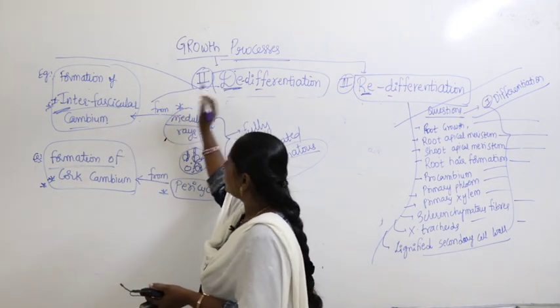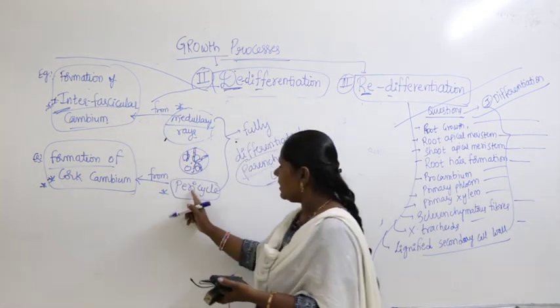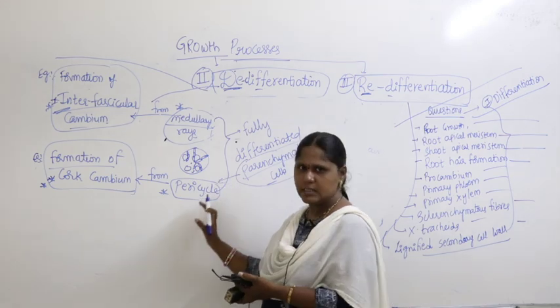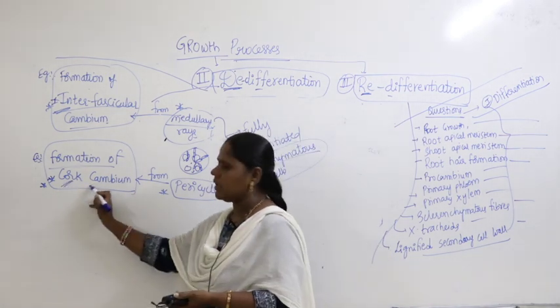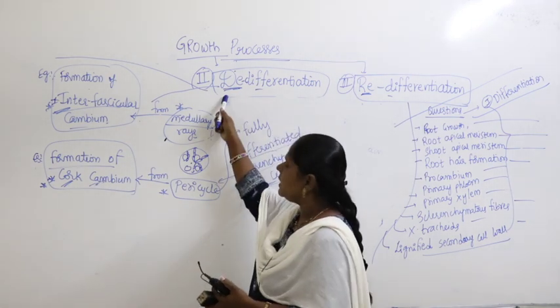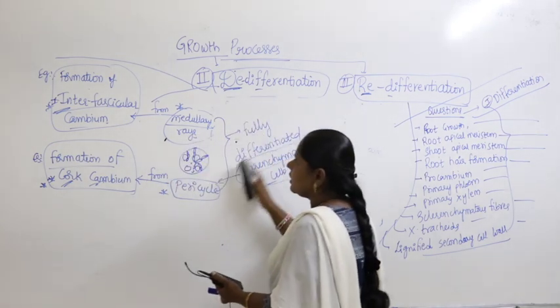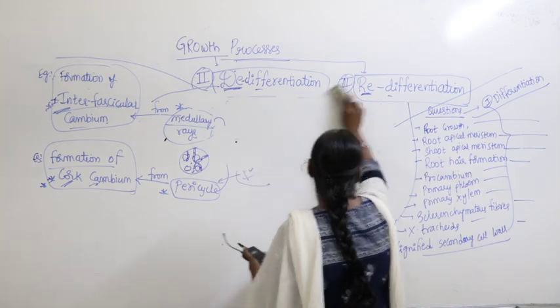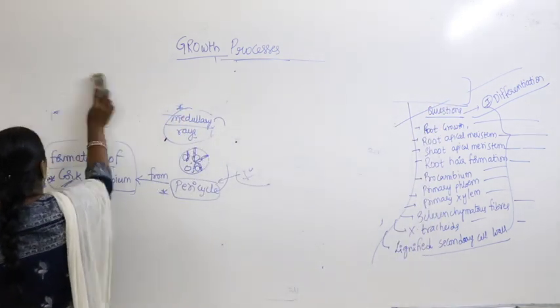This is de-differentiation, once again differentiated. Pericycle is likewise de-differentiated into cork cambium. These two are very good examples of de-differentiation. Now what is the next one we have? The third one, redifferentiation.